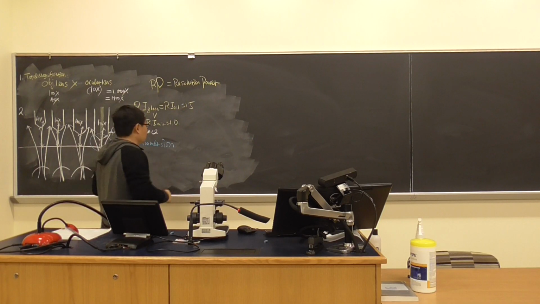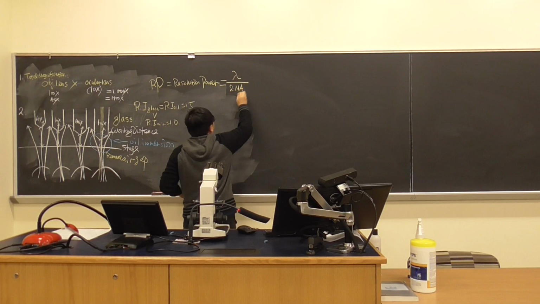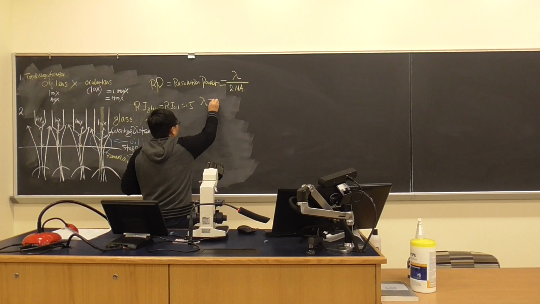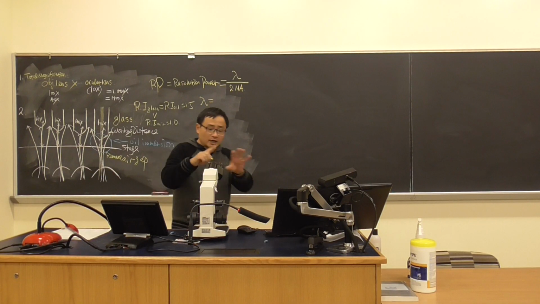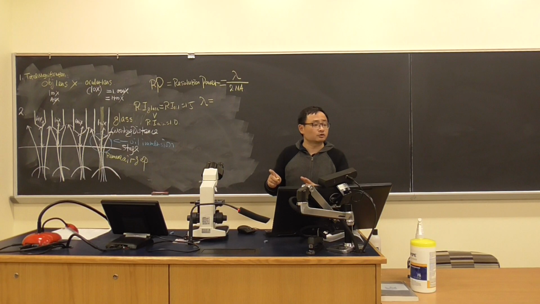So the resolution power. What is resolution power? Z equals lambda divided by 2 NA. So what is lambda? This type of microscope we call a bright field light microscope.